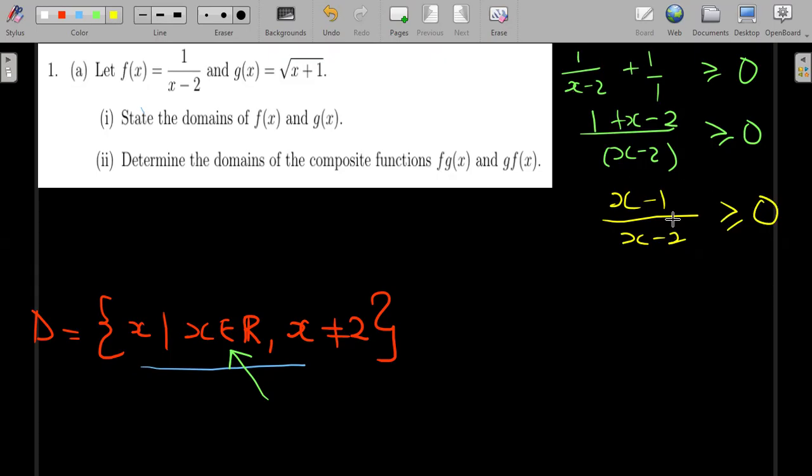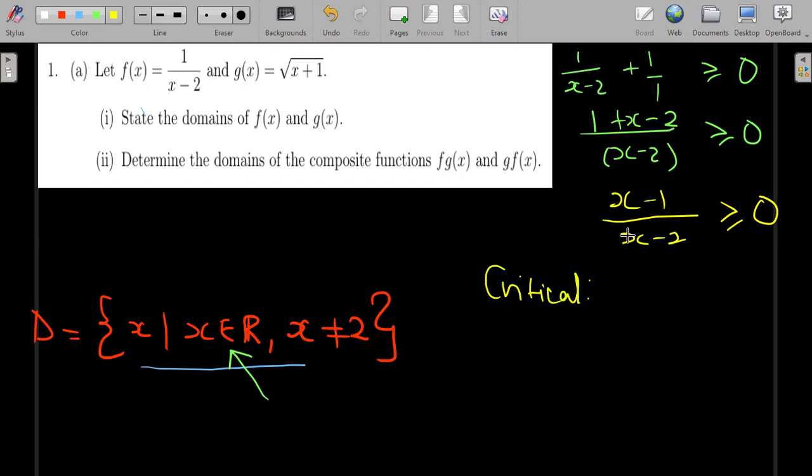Whenever you're dealing with inequalities, never cross multiply. We just have to find the regions where this inequality will be true, where it will be greater than or equal to 0. So how are we going to do that? We're going to find what we call critical points.